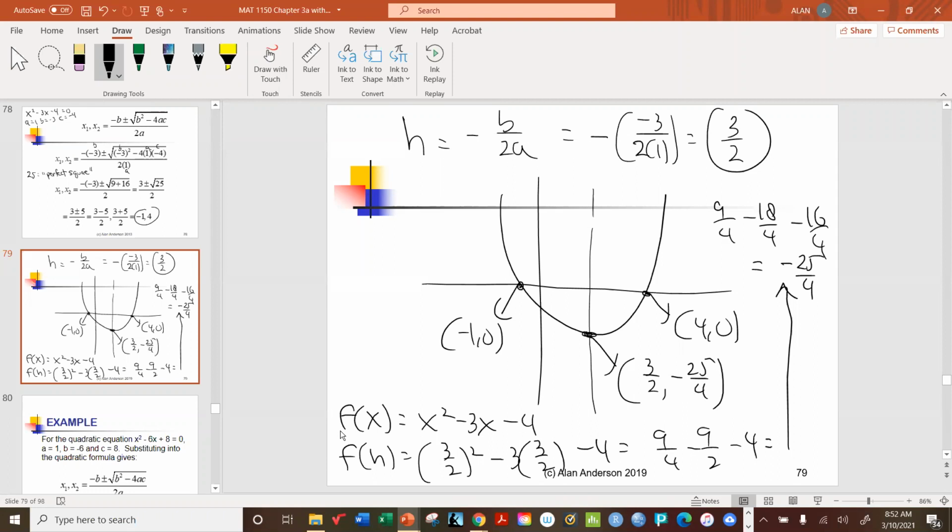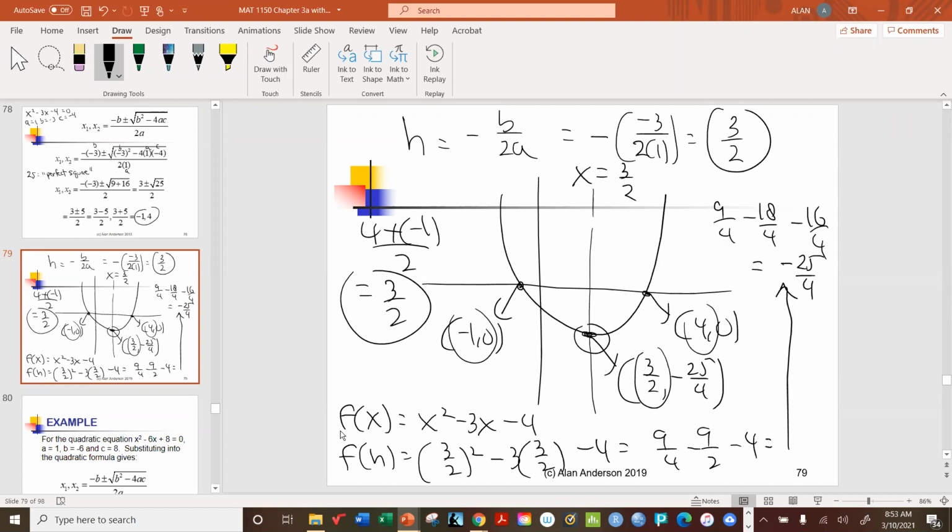But the point of all this is that this 3/2 is also the axis of symmetry. And if you notice, it is simply the average of -1 and 4. So 4 plus -1 over 2 is 3/2.